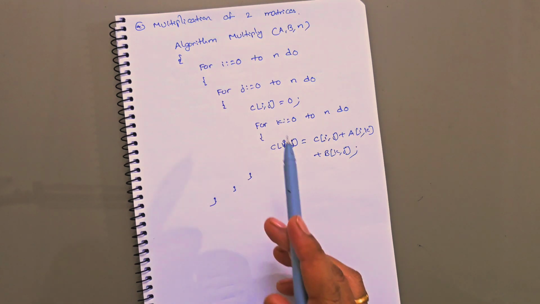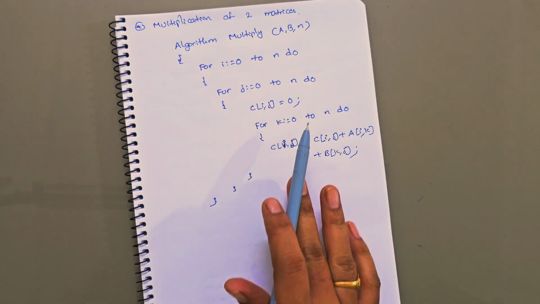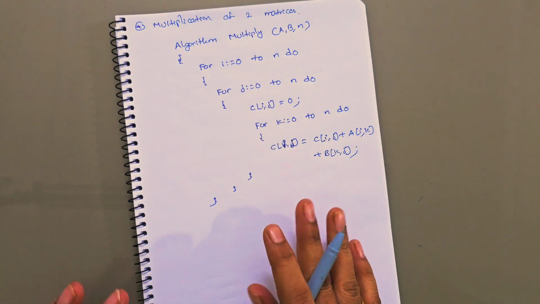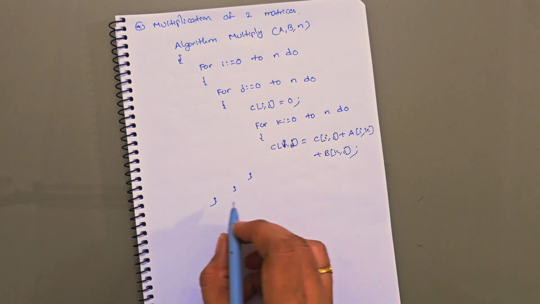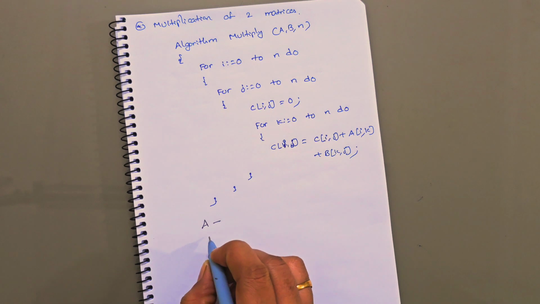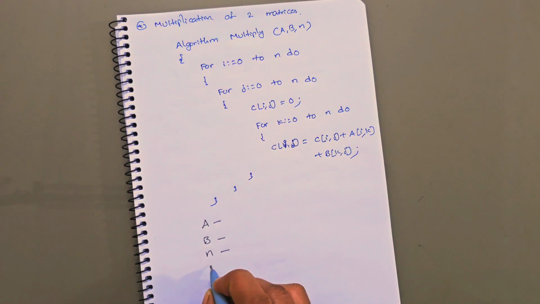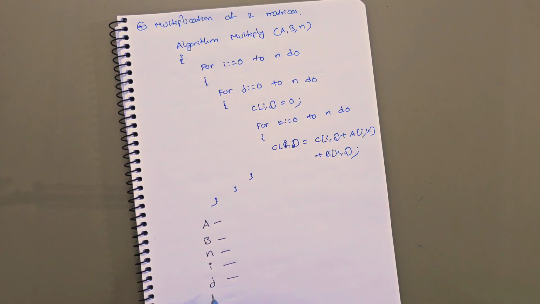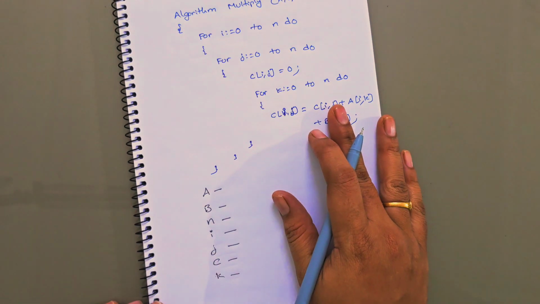Next algorithm, multiplication of two matrices. So you have to note down all the variables of your algorithm to compute the space complexity. So what are the variables we are having? A is one variable, B is one variable, and N is one variable, I, J, C, K. So these are the variables we are having in this algorithm, right?